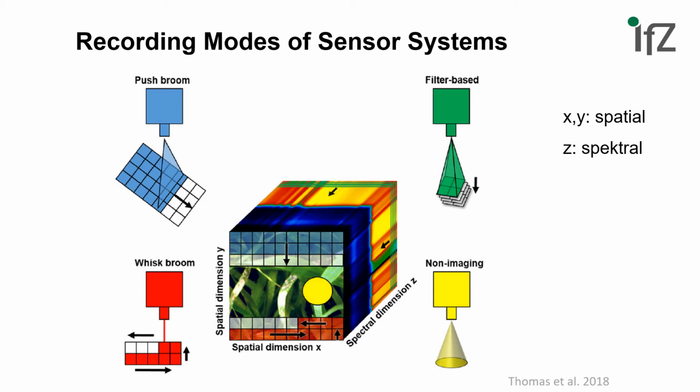So this is how imaging sensors work. However, there are also very interesting non-imaging sensors, and here we assess the integral of a specific area, so the mean reflectance of a specific area without a spatial dimension.